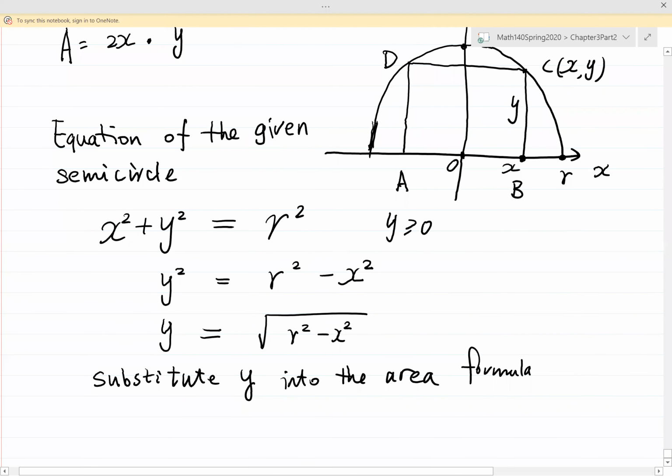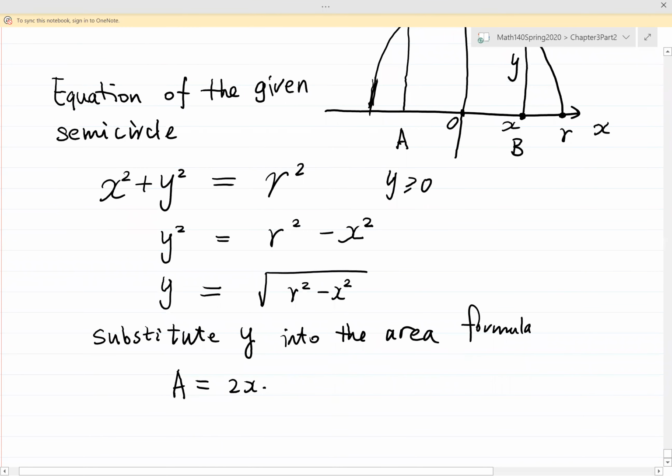What we get is A equals 2x times the square root of r squared minus x squared. Now we assume this thing to be A(x).